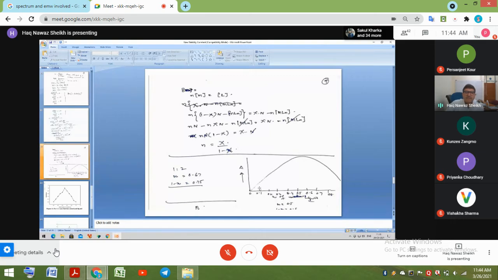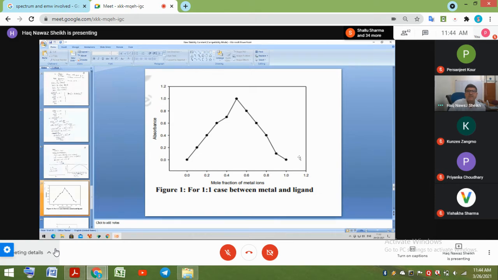Now, if the maximum of the absorption curve occurs at 0.5, this is the equation. This is not mole fraction, this is concentration of the ligand. It's wrong here. It's not the mole fraction of metal ion; it is the concentration of the metal or ligand.